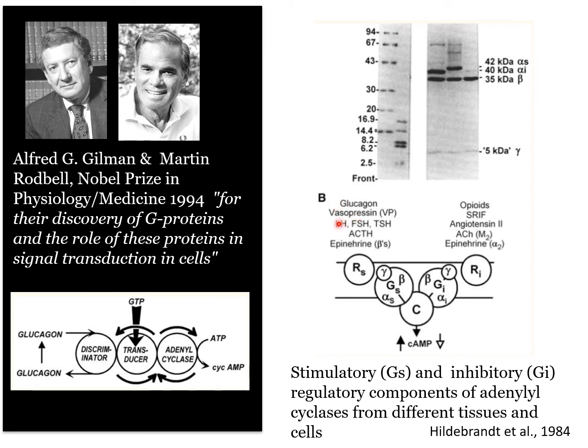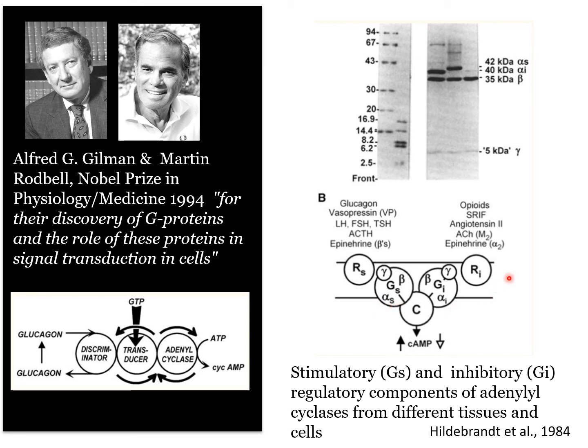Interestingly, they found that glucagon, vasopressin, luteinizing hormone, follicle stimulating hormone, thyroid stimulating hormone, adrenocorticotropic hormone, and epinephrine all increased the production of cyclic AMP by stimulating adenylyl cyclase through the involvement of a specific G-alpha protein, which was 42 kilodalton, and they designated this protein as G-alpha S, where S stands for stimulatory.